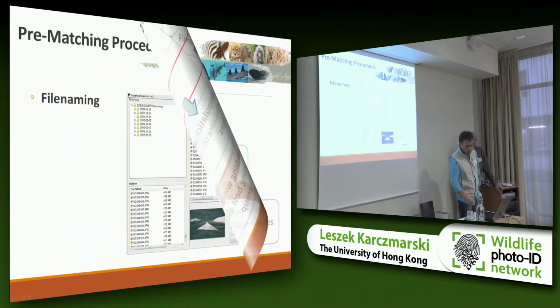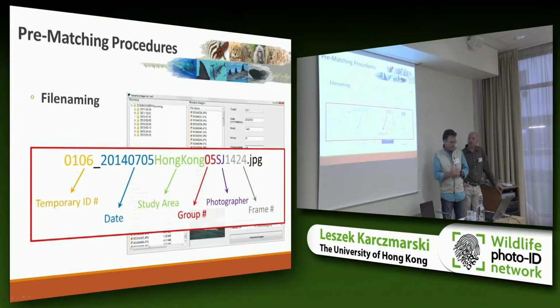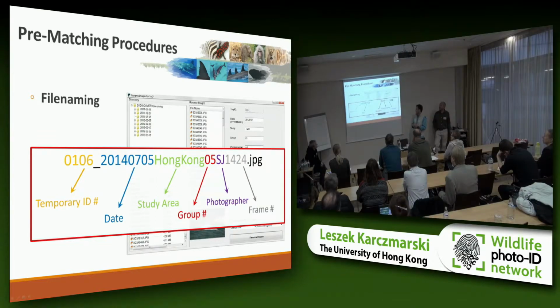You can choose the whole range of images and have them renamed as a batch process, and you can define how this renaming is going to be structured. In our case, we include temporary ID, date, study area, group size, group number, or encounter, or sighting number, depending on how you use it, photographer, and the frame name. But again, this is user defined. You can decide how your naming structure is going to be.